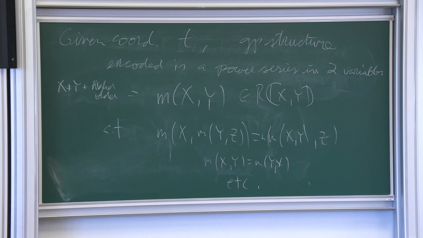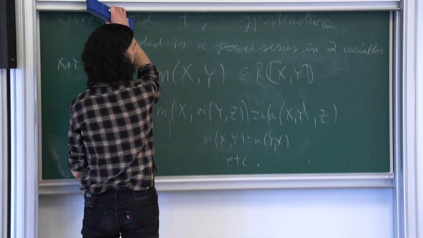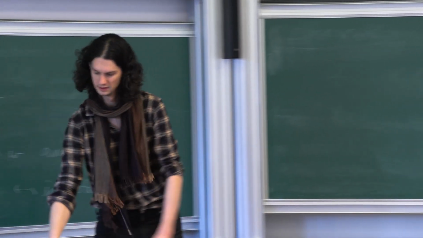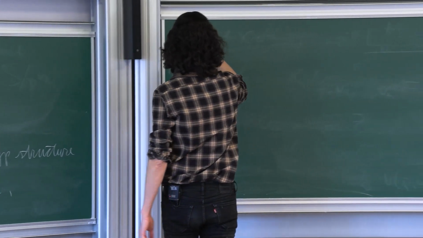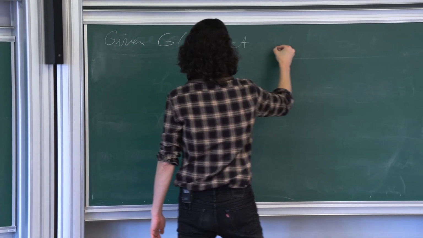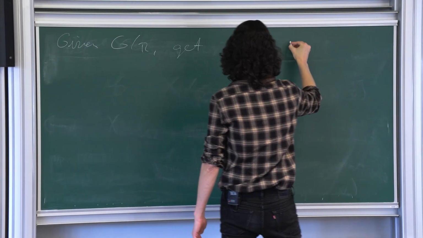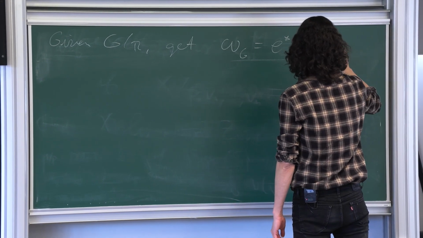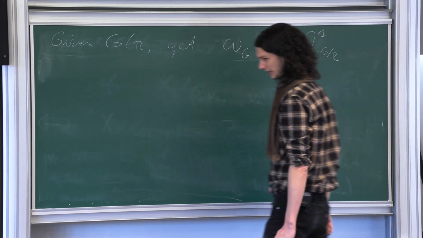All right, so what does a formal group give you? Well, the first thing it gives you is a line bundle. Given G over R, we get omega G. We take the pullback along the identity section of the Kähler differentials.